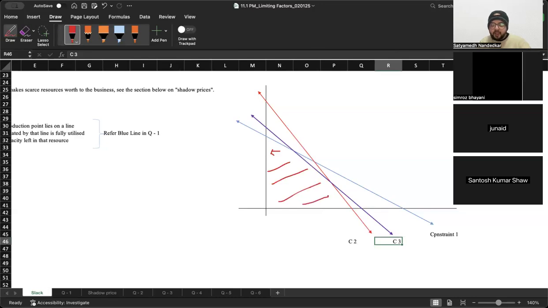When I want to decide where exactly my answer lies in a linear programming problem, my answer always lies on the corner points.